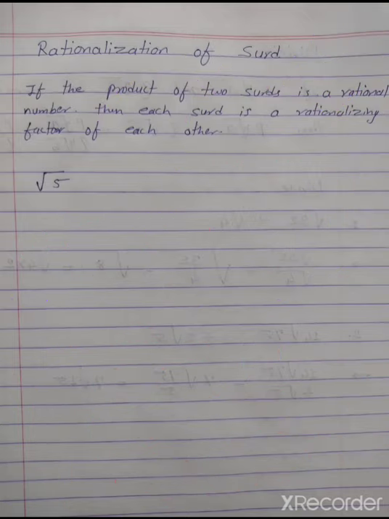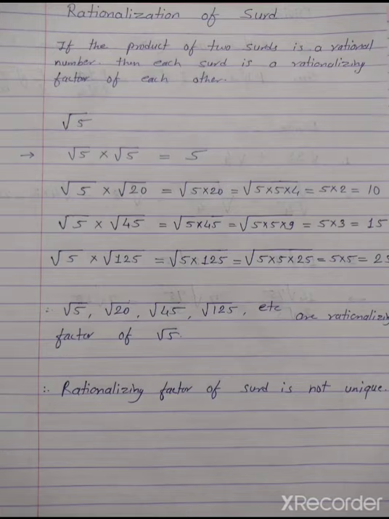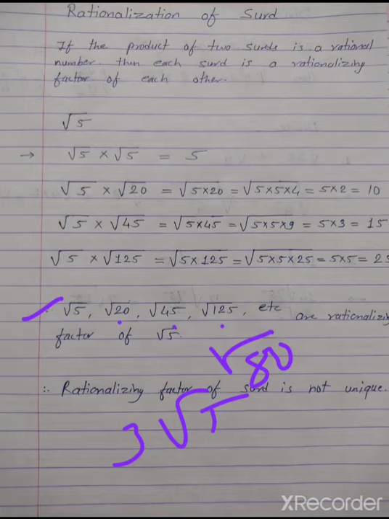Here I write some rationalizing factors of root 5. Here I used root 20, root 45 and root 125. When you multiply and factorize, you will finally get rational numbers. So from this we can conclude that root 5, root 20, root 45, root 125, and similarly root 80, 3 root 5, these are the rationalizing factors of root 5.